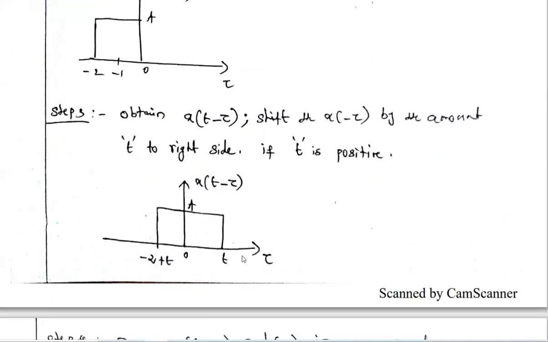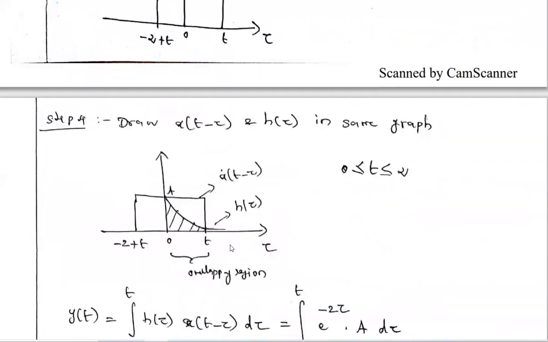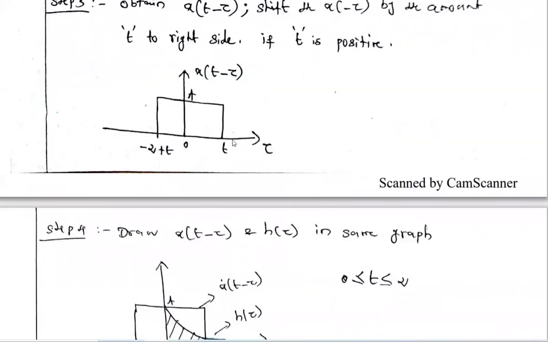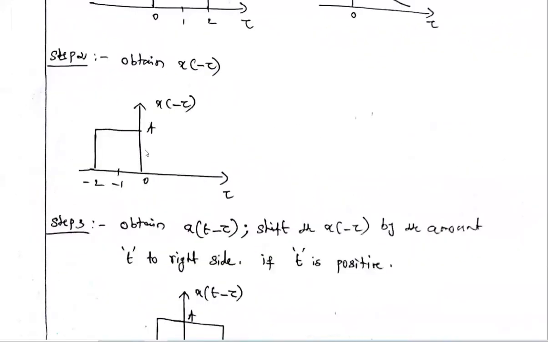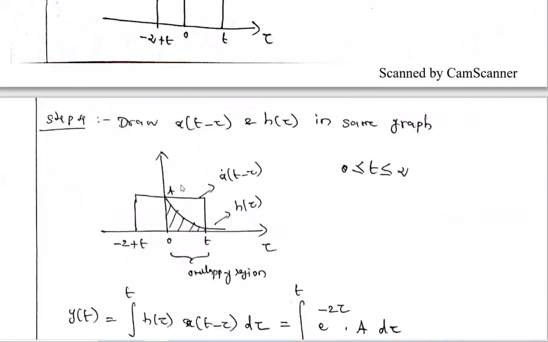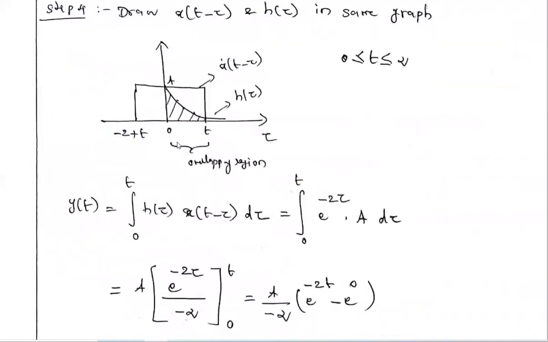If the amount of shift t equals 1, this signal is shifted to -1 to +1. Similarly, if the amount of shift t equals 2, the entire signal is shifted to this side only. So for t in between 0 to 2, the overlapping interval is 0 to t.